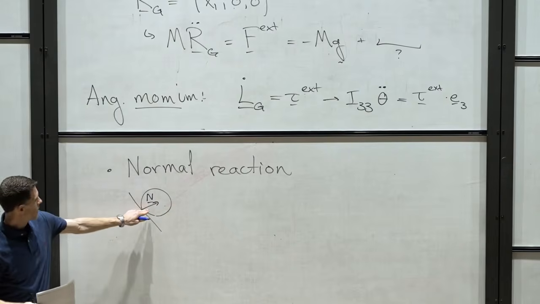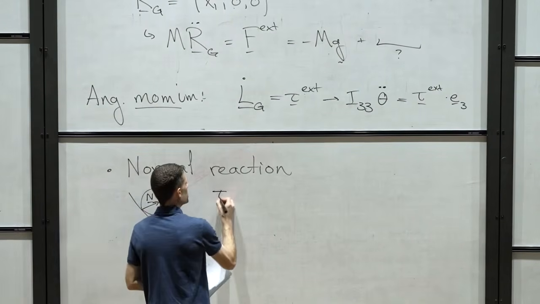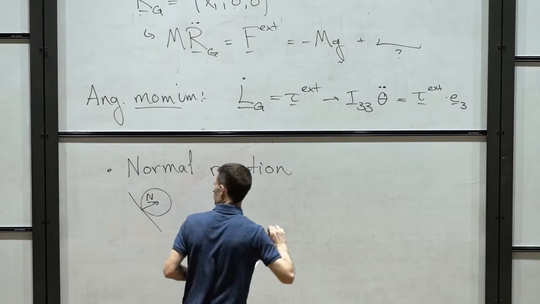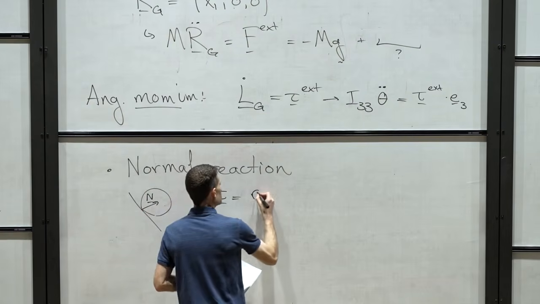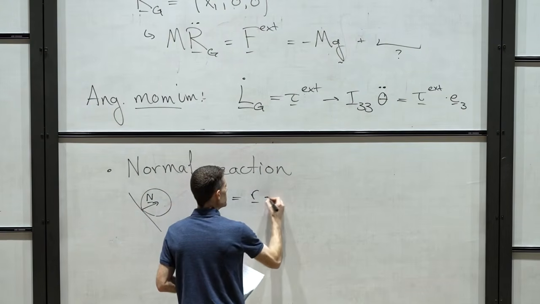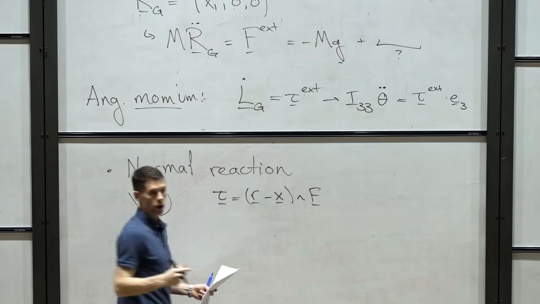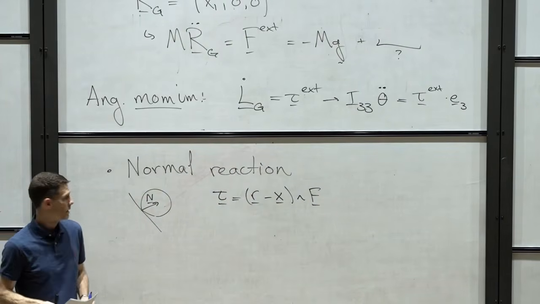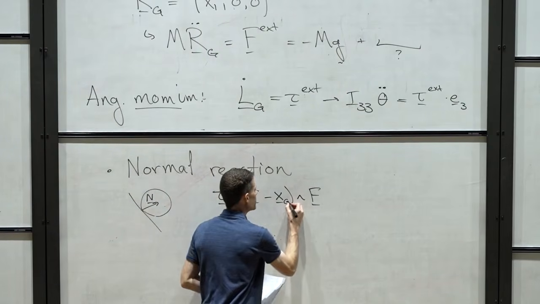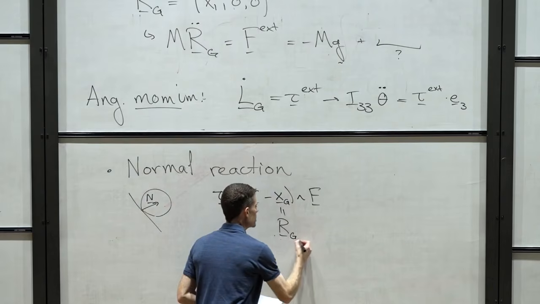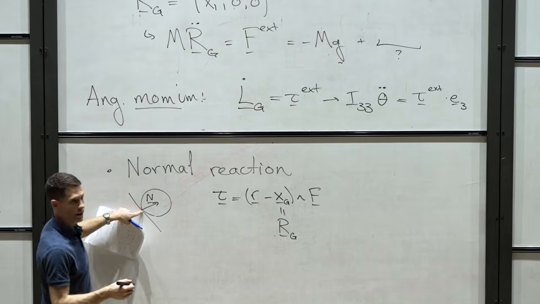But gravity is not going to create a torque because torque is like R minus X cross F. This is the center of mass, right? XG if you want. And this is where the force is being applied. So the force is being applied at the surface.